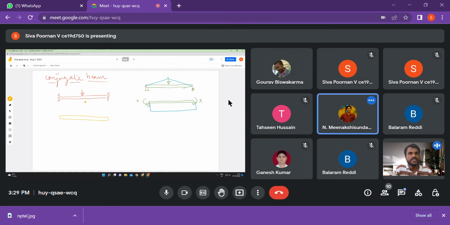Free, right? So this will become free. The other end also will become free. So this is a free beam. It's unstable, in the sense, but we don't worry too much about it because it's just a conjugate or an imaginary beam. In reality we are not going to build it, so we should not worry too much about the instability. But what is important is the conjugate beam should be in equilibrium.